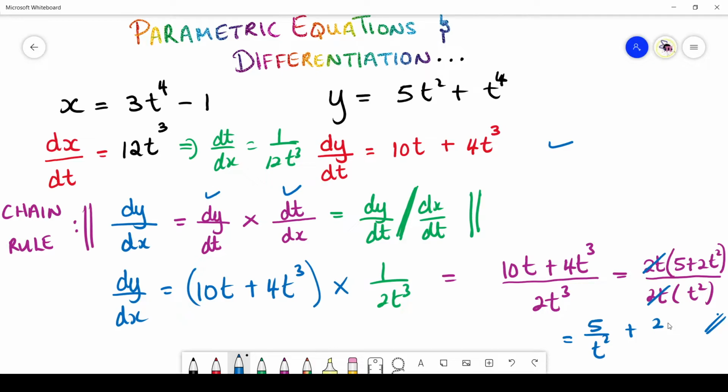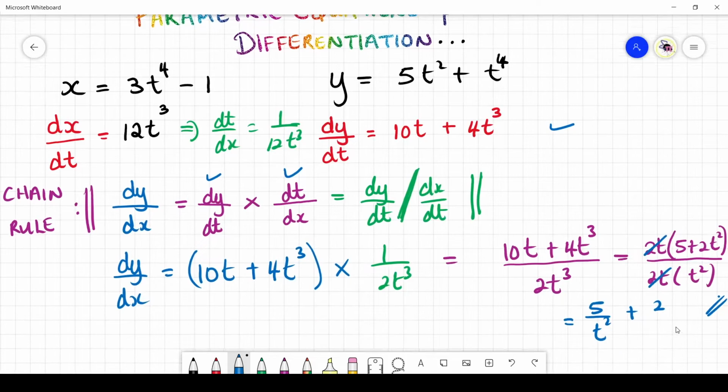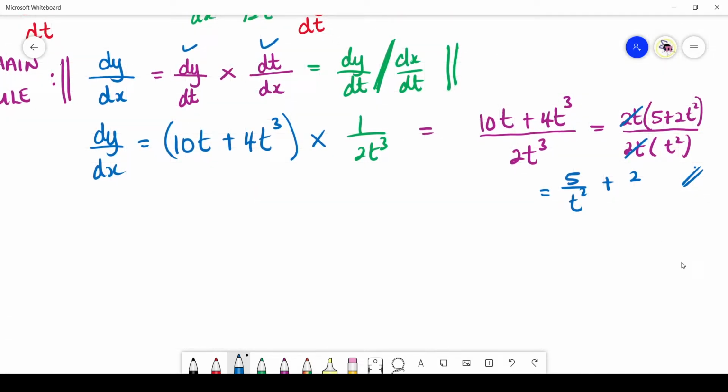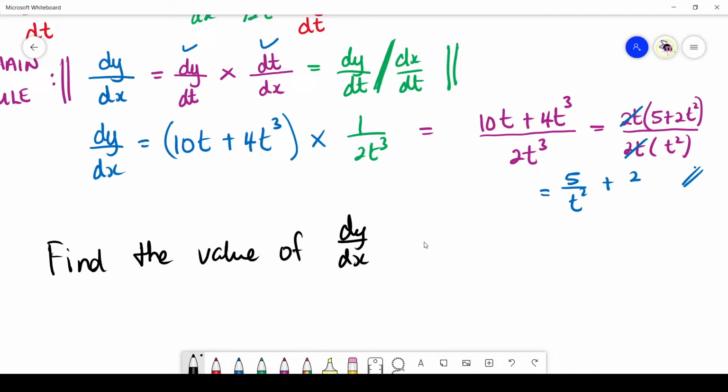Okay guys, now one possible thing that can also come up when you have finally gotten a value for dy/dx is that sometimes they can ask questions like these. Find the value of dy/dx when t has a value of 1.